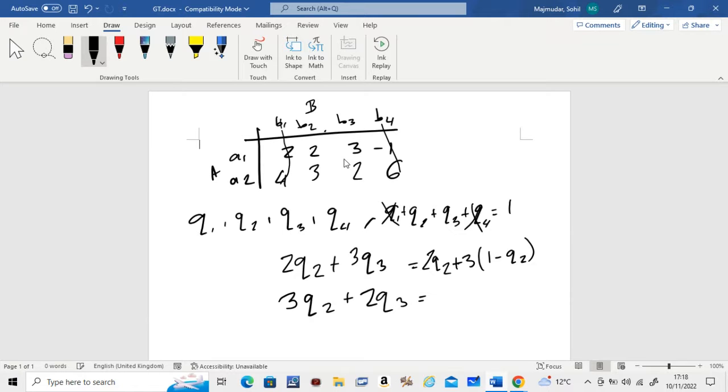And this linear equation becomes 3Q2 plus 2 times 1 minus Q2, because Q3 is 1 minus Q2, just like before. Now, in this case, you don't need to graph these equations because there are only 2 equations. We know that they will intersect, for this problem at least. And so all you have to do is make them equal to each other and solve for Q2 and Q3.